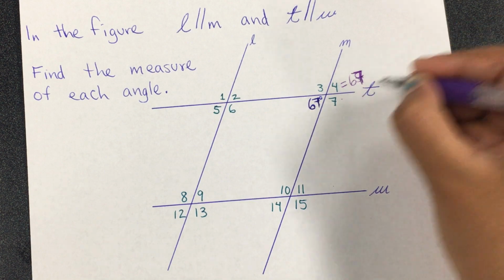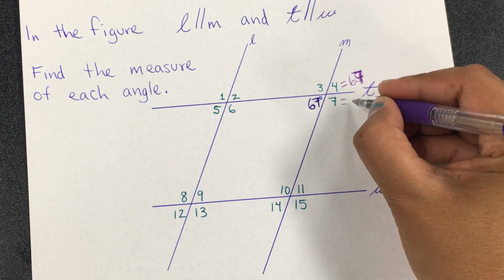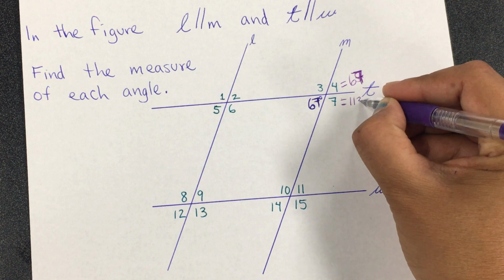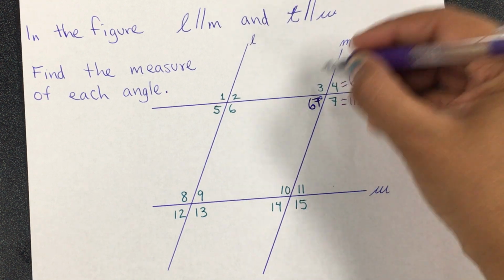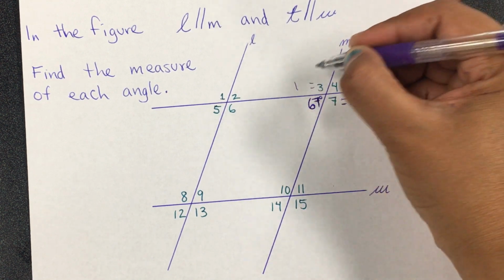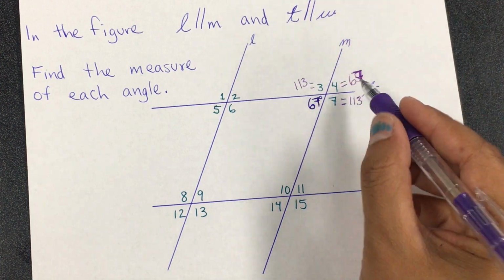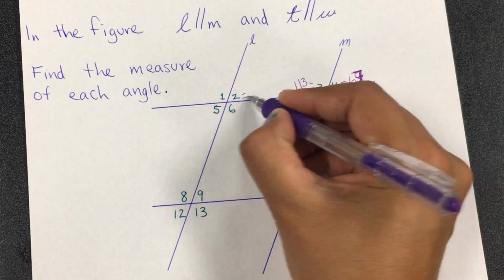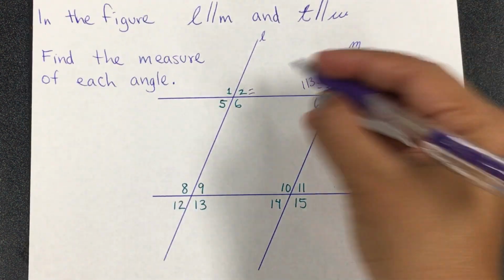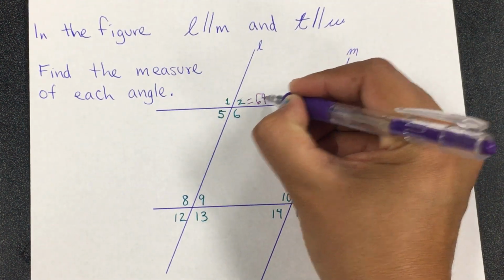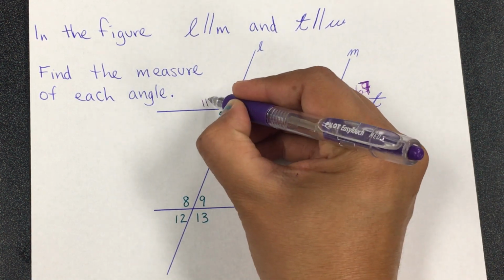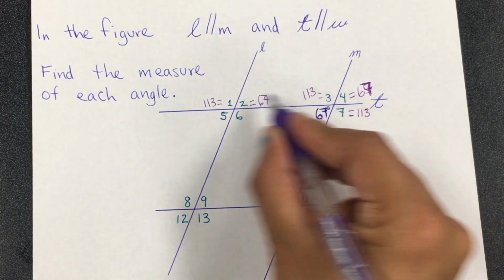And then in here, instead of 115, it's 113. And so these are vertical angles, so it's 113. Corresponding angles. And so, 67. We're almost done here, so this is 113 because they are corresponding angles.